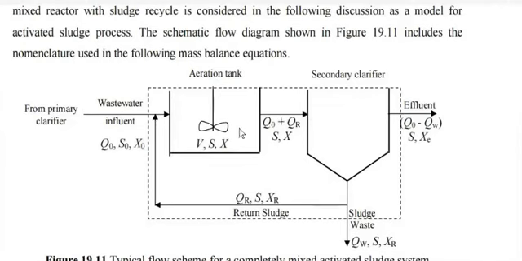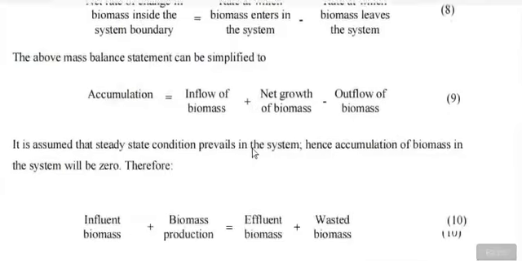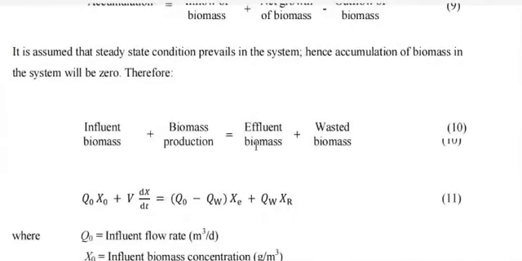Some accumulation is going on here. So on the basis of that, we write that equation. But in the assumption, there is a steady state condition. When there is a steady state condition, it means there is no accumulation. So on the basis of this steady state assumption, we write the above equation.